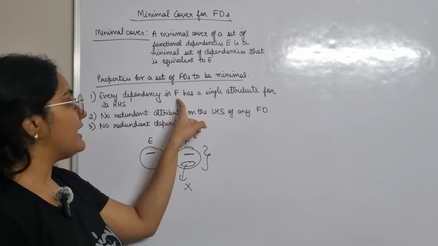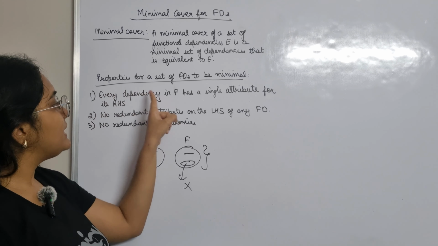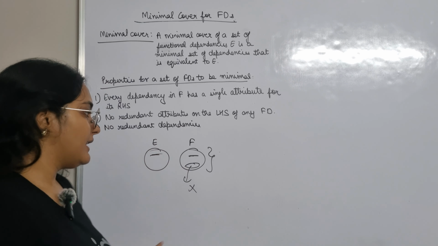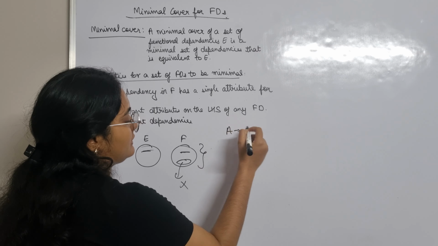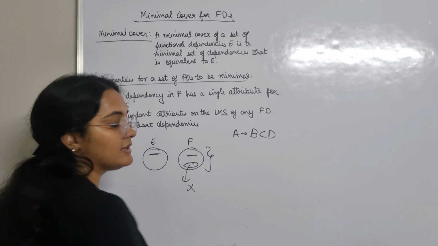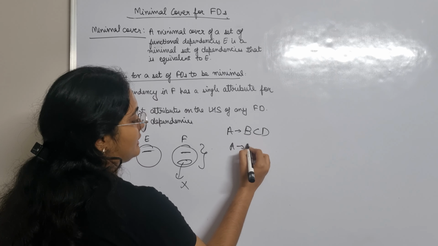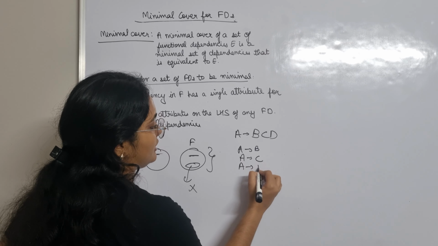Every dependency in F, where F is the minimal cover, should have a single attribute on its right hand side. For example, if we are finding the minimal cover for the dependency A determines B, C, D, this should not be the case. A determines B should be there, A determines C should be there, A determines D should be there.